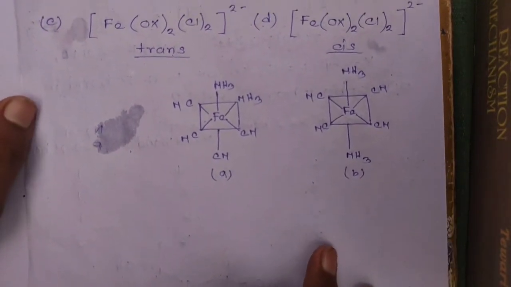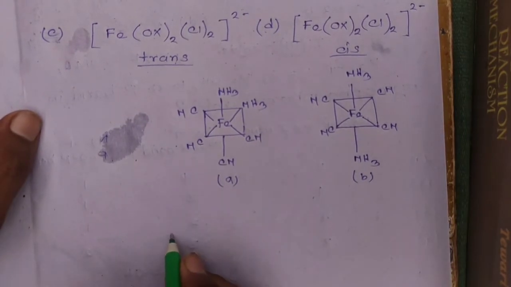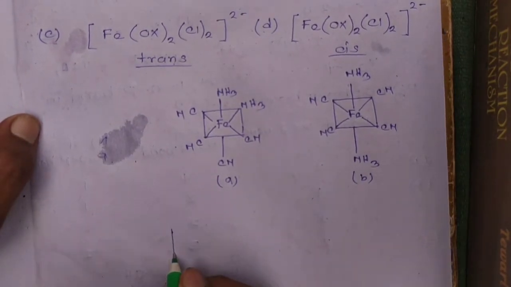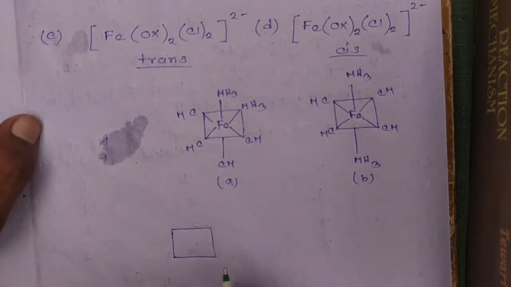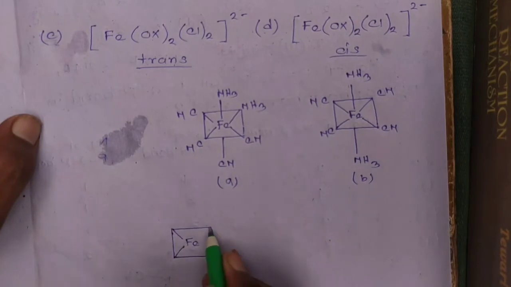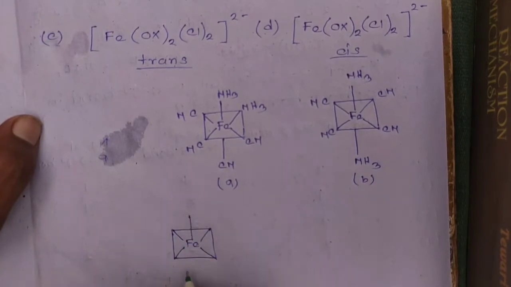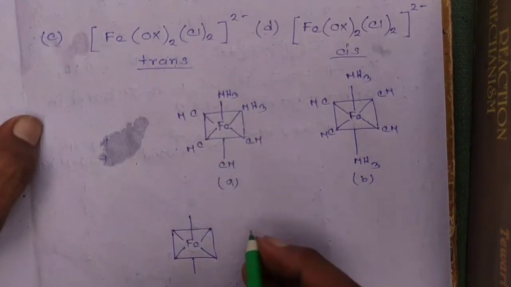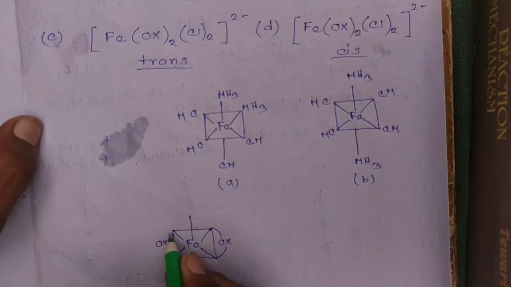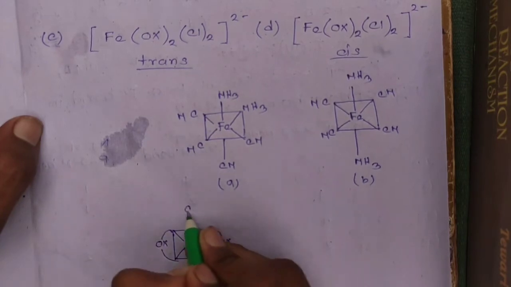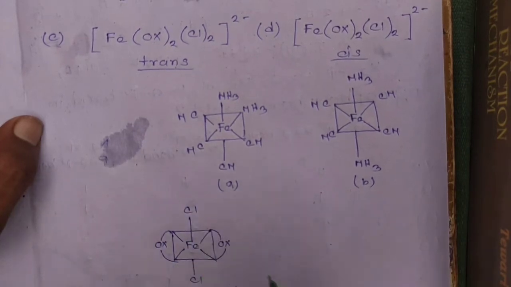Now C and D. Trans means oxalate here, and 2 Cl are in the axial trans position.